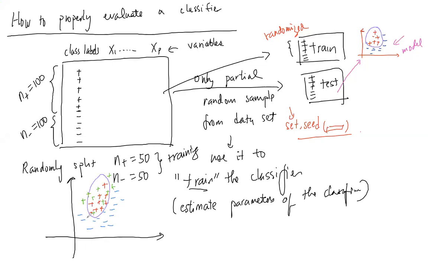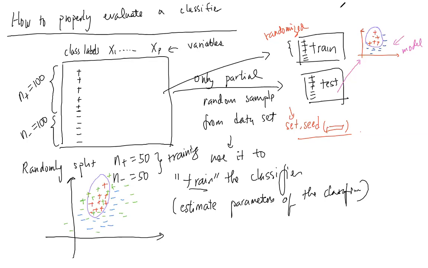Okay. And then basically you check whether the test samples are inside the decision boundary that classifies it to be red, right?